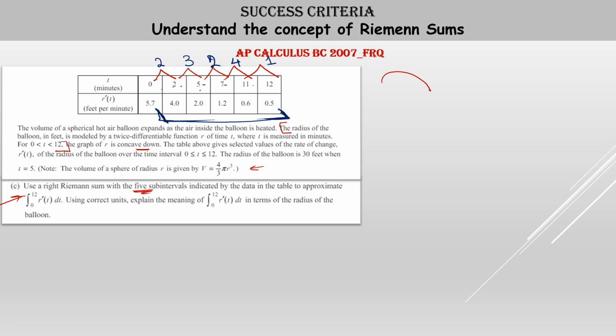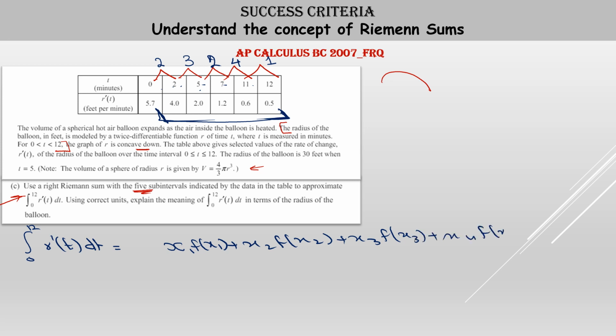Now first of all, write the equation. You have to find the integral from 0 to 12 of r prime of t dt, which equals, now you have 5 intervals: x1 f of x1 plus x2 f of x2 plus x3 f of x3 plus x4 f of x4, and last but not least x5 f of x5.